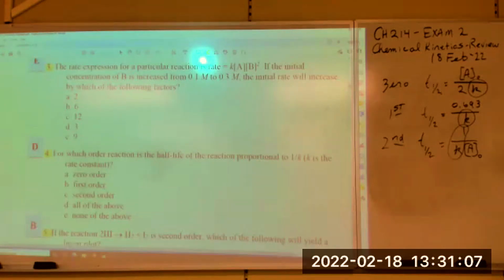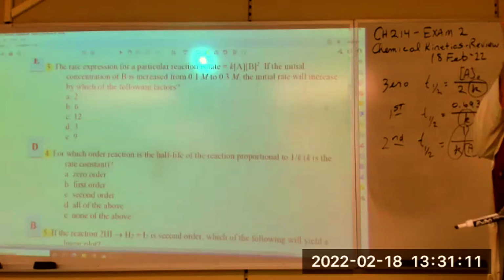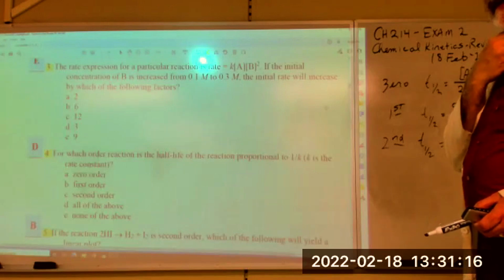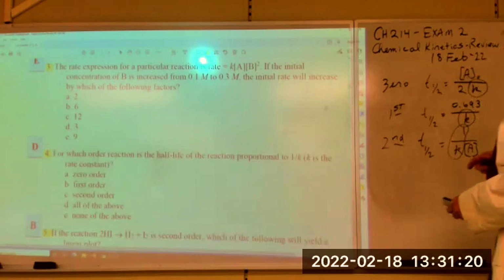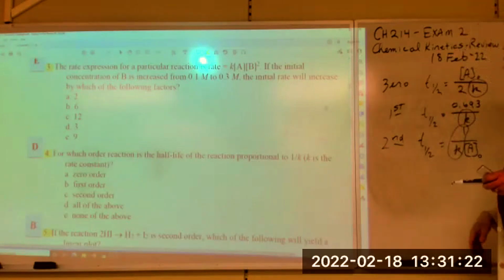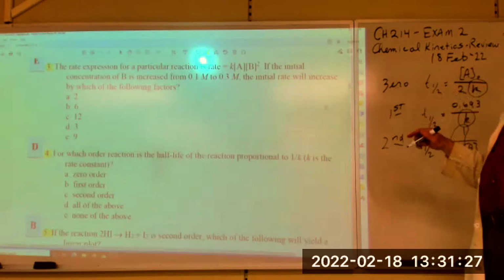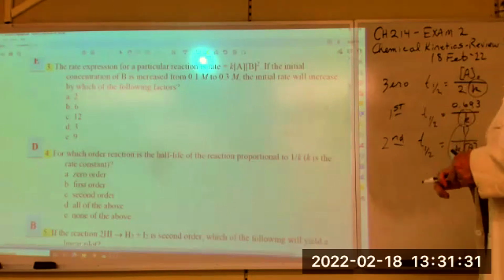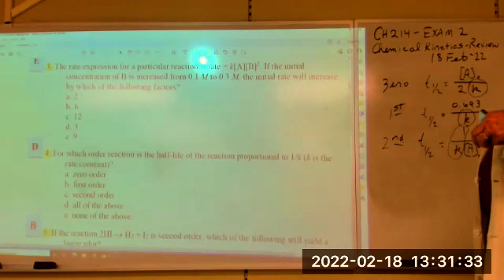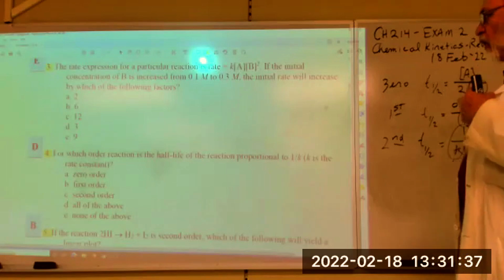Now, I didn't show you how these were derived. I've since modified the slide, I think, to put those derivations in there. But they're not important if you remember these. But it's fairly simple. You just start with your integrated rate law and you say, T, the half time.